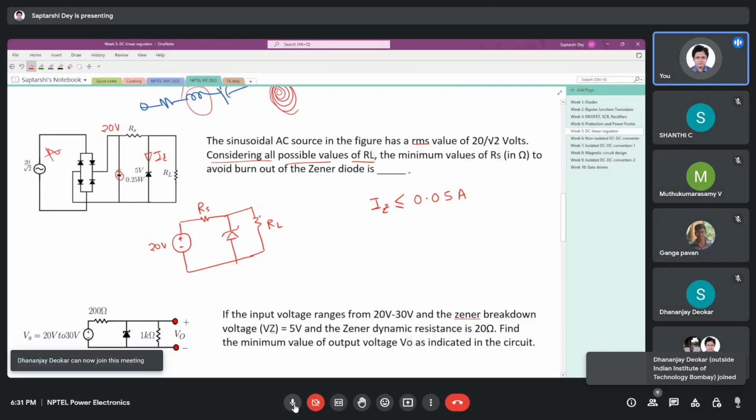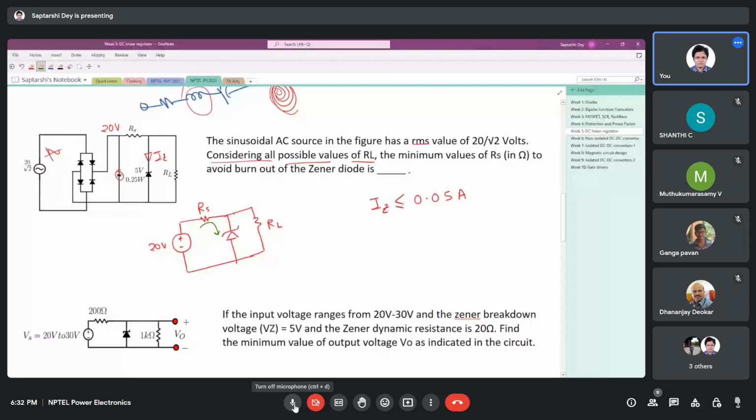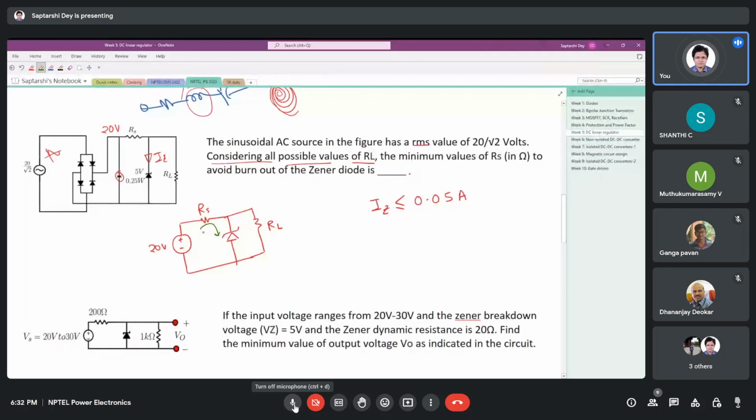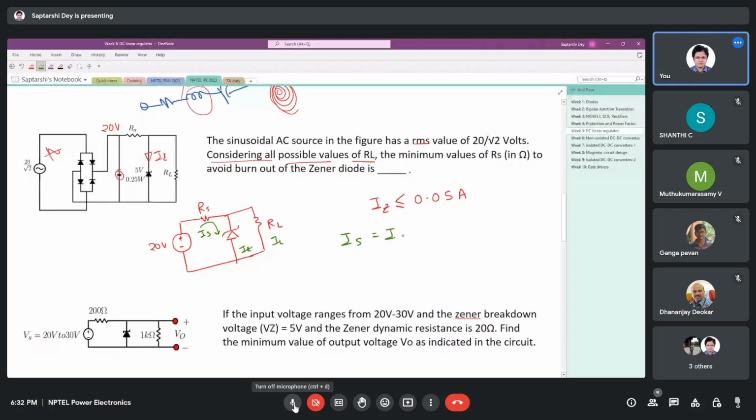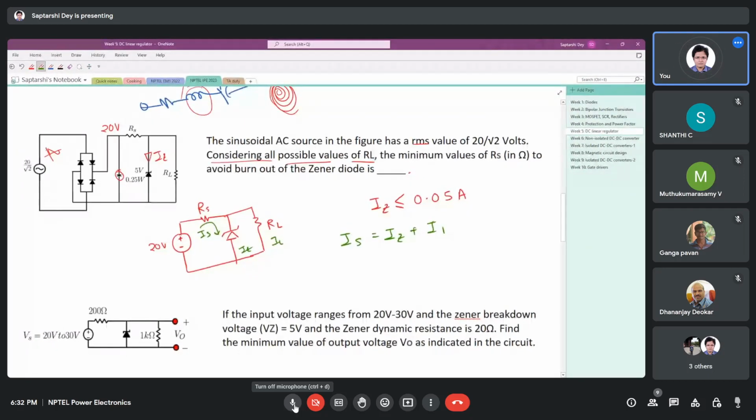Now what will happen is, you see, some current is flowing through the Zener. If I write IS, IZ and IL, then source current is Zener current plus load current.